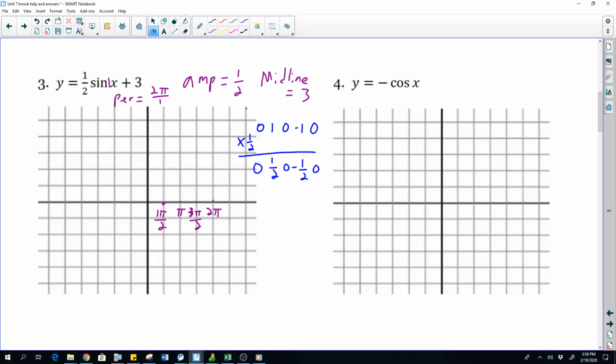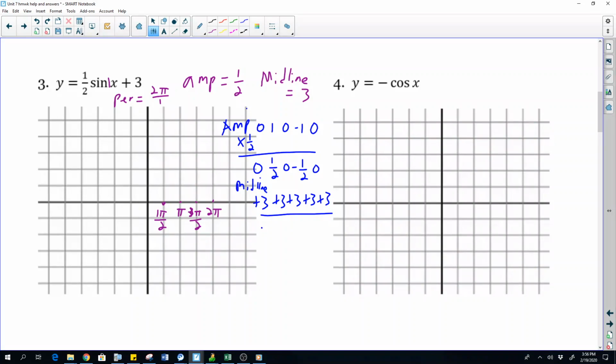Then we apply the midline, kind of like PEMDAS: parentheses, exponents, multiplication. Amplitude is the multiplication. Midline is addition, so we're going to add 3 to each of those numbers.